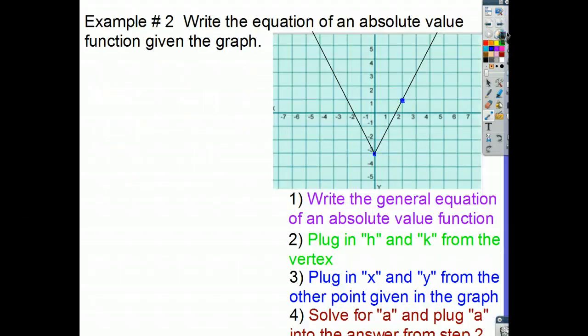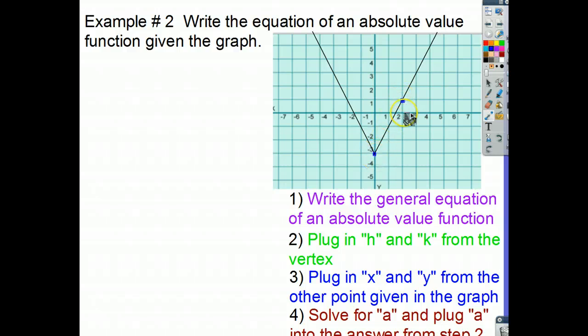All right, let's see. Okay, now this is a little more complicated problem. It's sort of like working backwards, and sometimes walking backwards is even difficult. Working the problem backwards could be difficult as well. But let's take a look at it. Example 2 is to write the equation of an absolute value function given the graph. So here we have the graph, and I've got 2 points that are sort of highlighted.